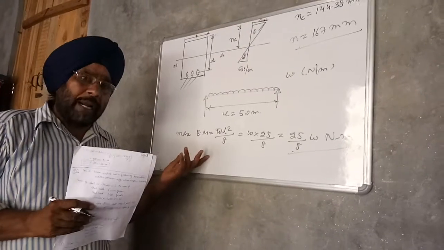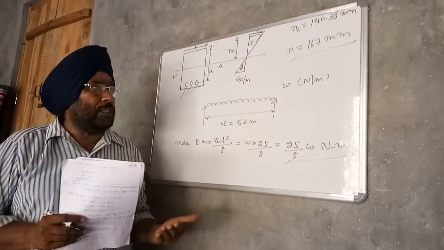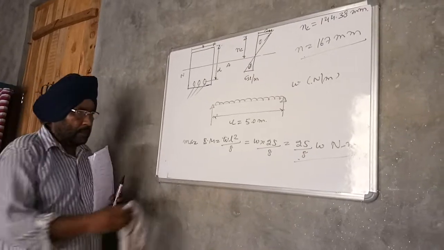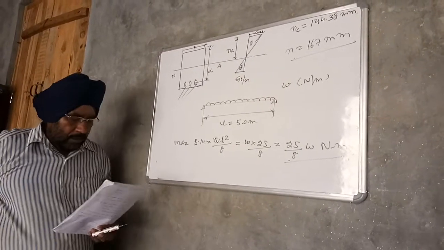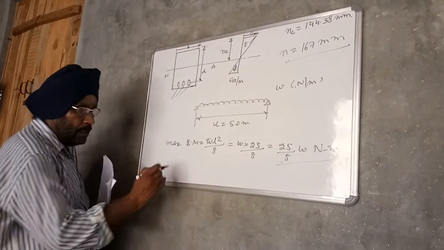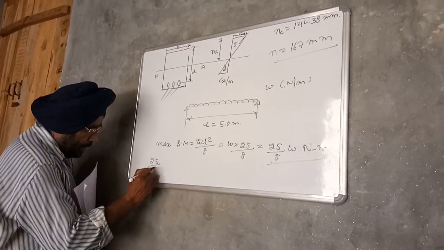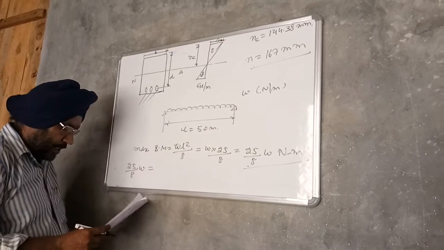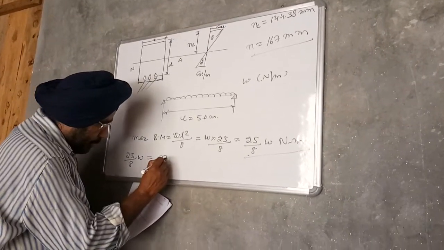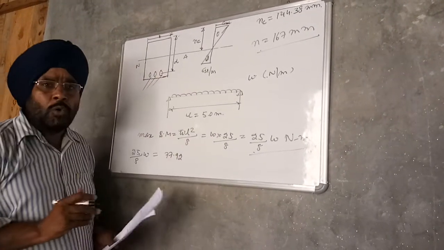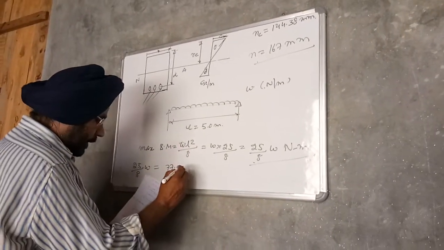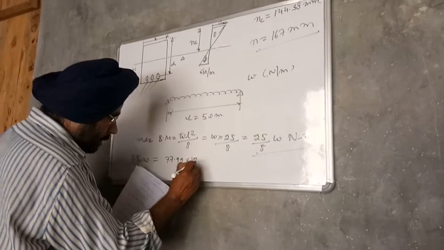By equating the bending moment to the moment of resistance of the section, we get 25 upon 8 w, this is the bending moment, and the moment of resistance of the section is 77.92 kilonewton meter. Converting into Newton meter, multiply by 1000.